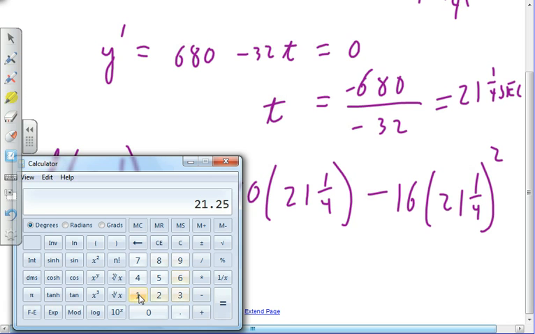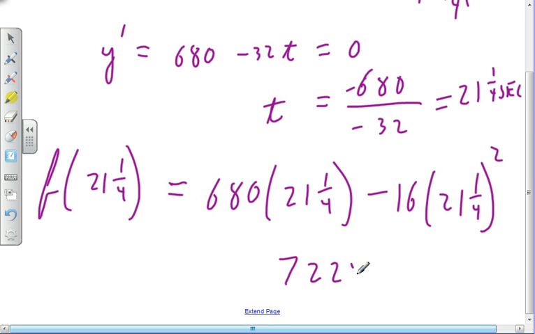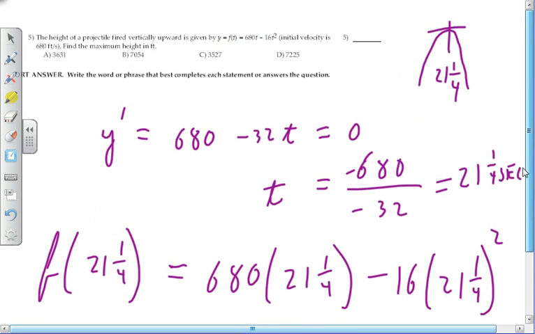Alright, so I've got 16 times 21.25 squared with a minus sign, plus 680 times 21 1/4 equals. So my maximum height is going to be 7225, and oh, look at that, there it is, sitting right there, D.